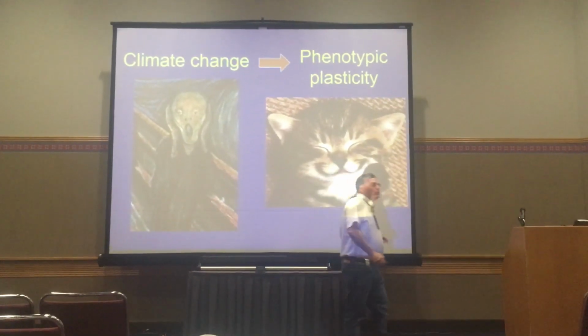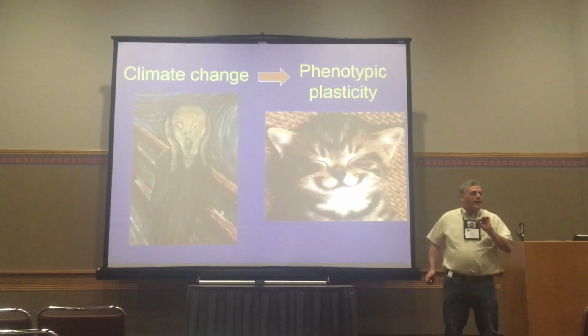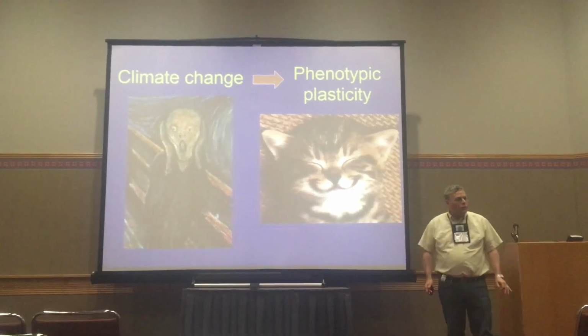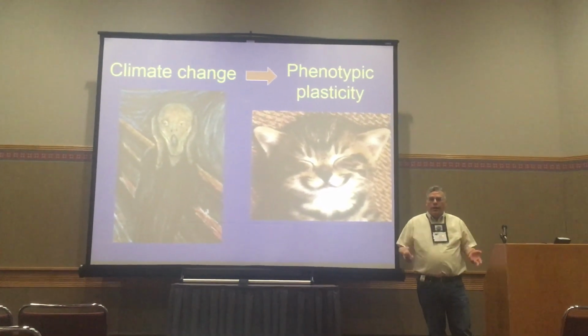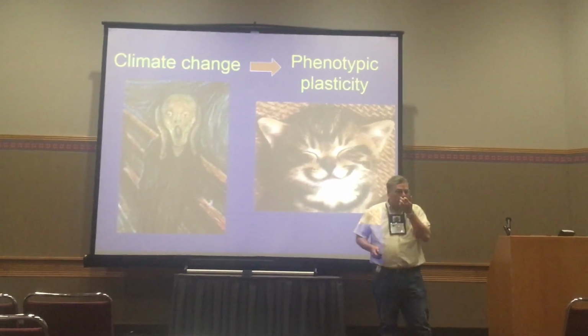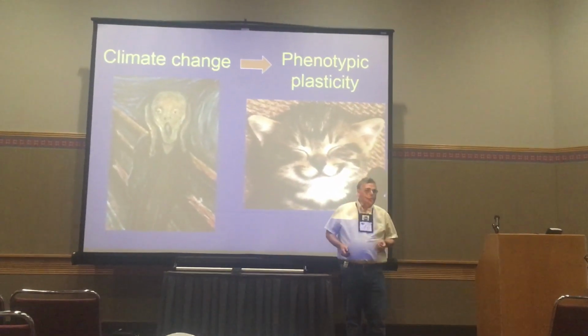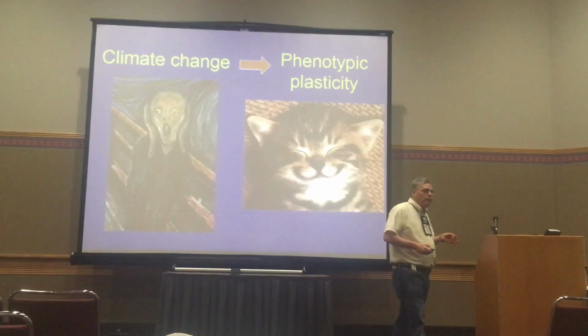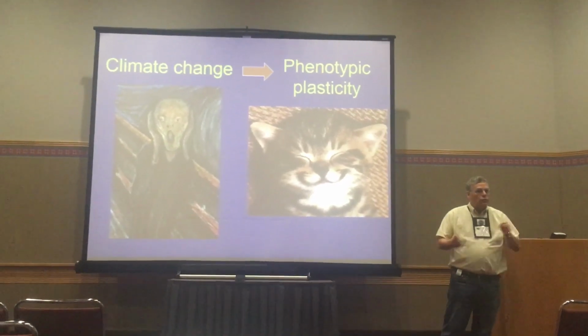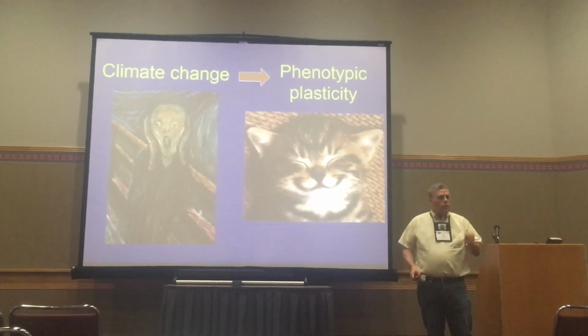But is that true? So, in order to address this question, what we did was a computer simulation model looking at an evolutionary scenario where we contrasted evolution with and without plasticity to see what would happen.